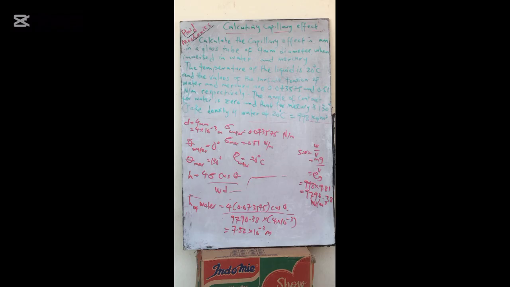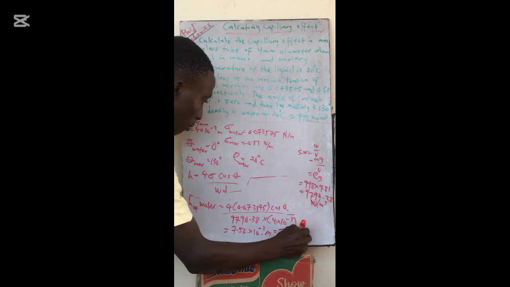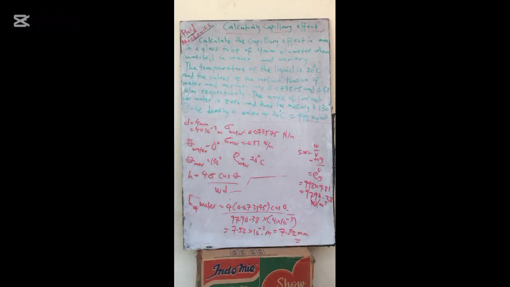And remember, we are asked to calculate the effect in millimeter. And you know millimeter is times 10 raised to power minus 3. So when you want to change this to millimeter, it's going to be times 10 raised to power 3, and in that we cancel this. So your answer will be 7.52 millimeter. That's for water. This is the normal capillary effect for water.